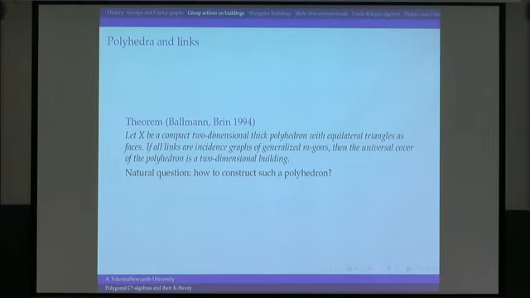So if you have a compact two-dimensional thick polyhedron such that all the links are generalized m-gons, maybe I don't define all those m-gons, we can just think about the graph on the previous slide. So those graphs have to be one-dimensional buildings themselves. Then the universal cover of such a complex is a building.